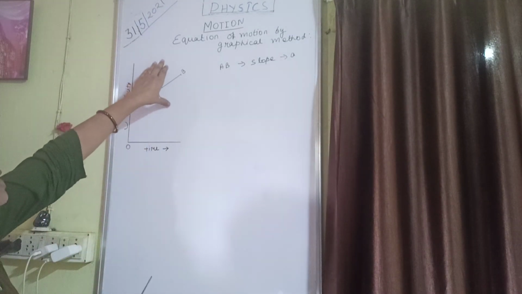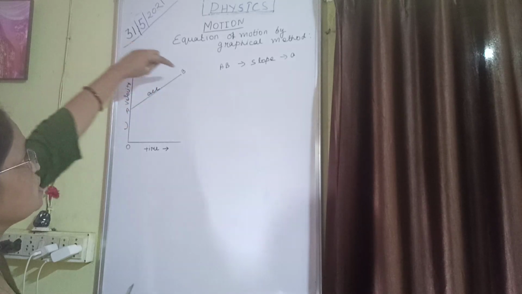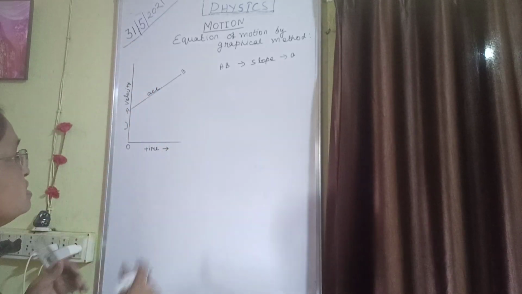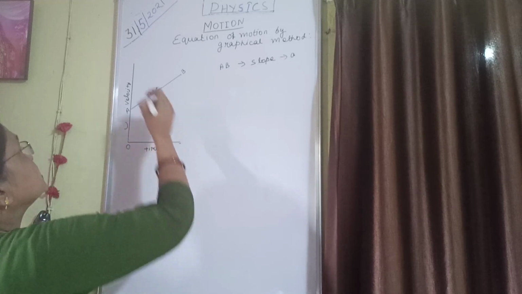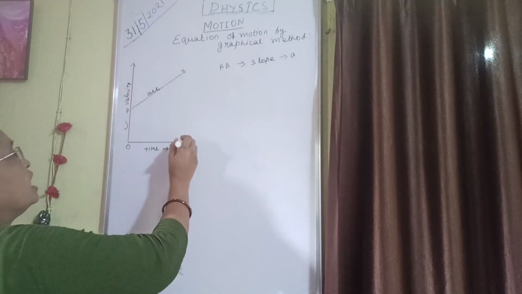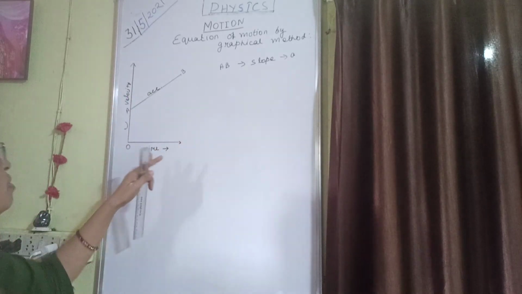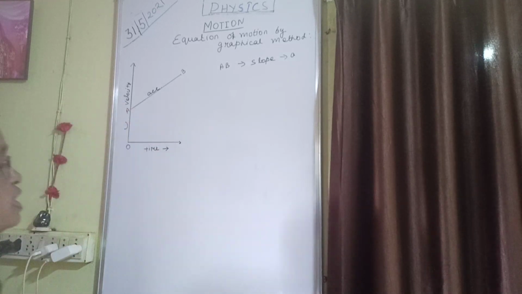Now we have to find the relation of this AB with the x-axis as well as with the y-axis. Our x-axis is time and the y-axis is velocity.